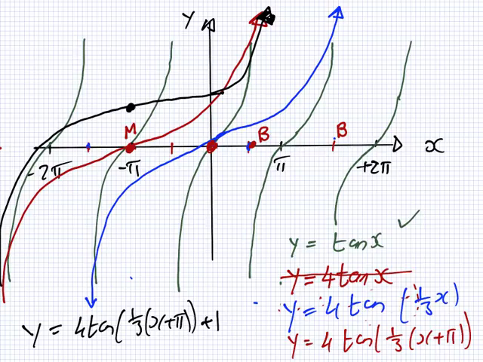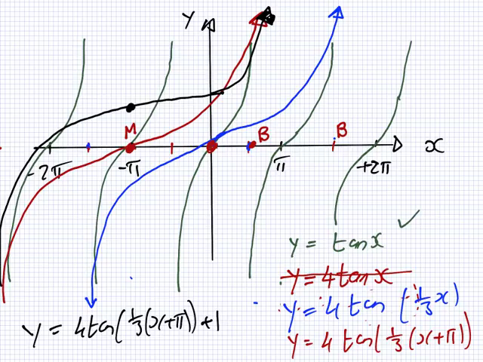Right, Wolfram Alpha. Okay, let's have a look here. Y equals 4 tan x over 3 plus pi over 3 plus 1.